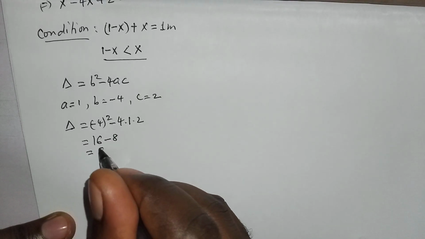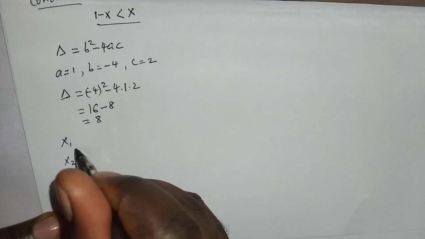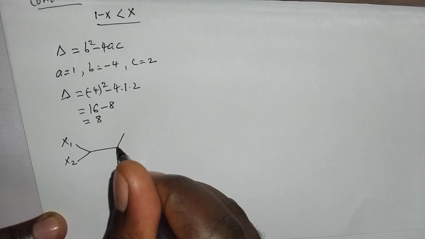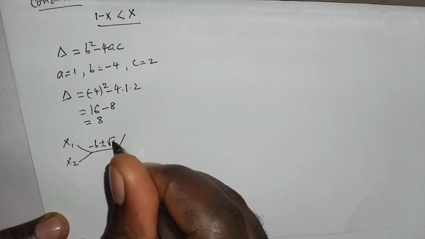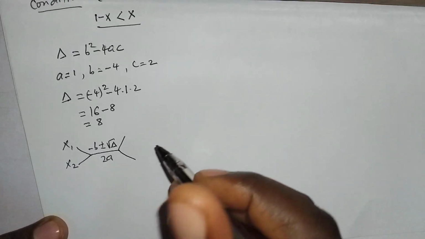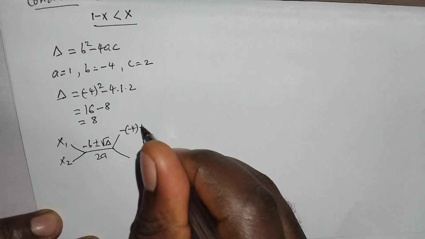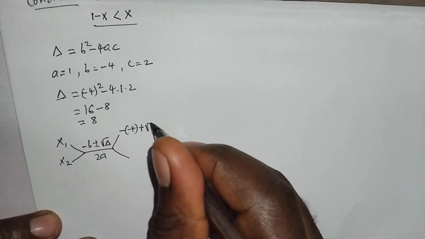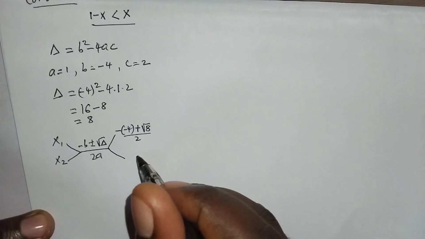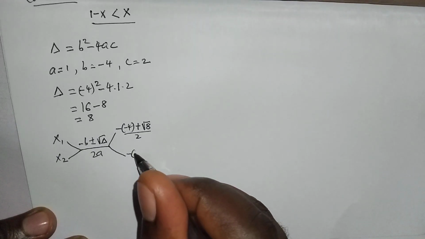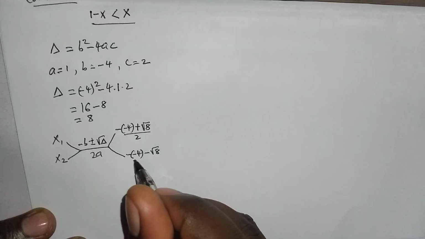Delta is equal to 8. So x1 and x2 are negative b plus or minus square root of delta over 2a. x1 is negative negative 4 plus square root of 8 over 2, and the other is negative negative 4 minus square root of 8 over 2.